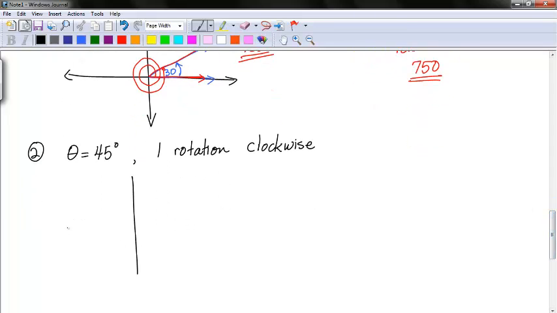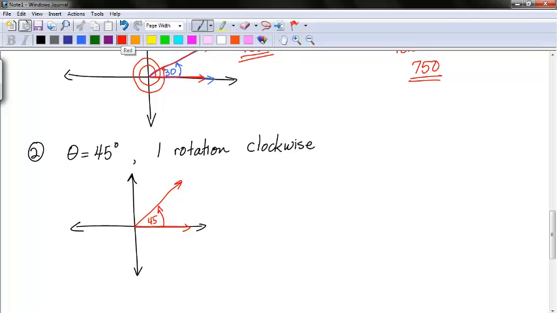Picture-wise, this one ends up being a little bit different. So let's go 45 degrees. Just draw a little sketch. Start here in standard position, go up 45 degrees, so split that quadrant 1. There's our 45 degree angle. Now go one rotation clockwise.